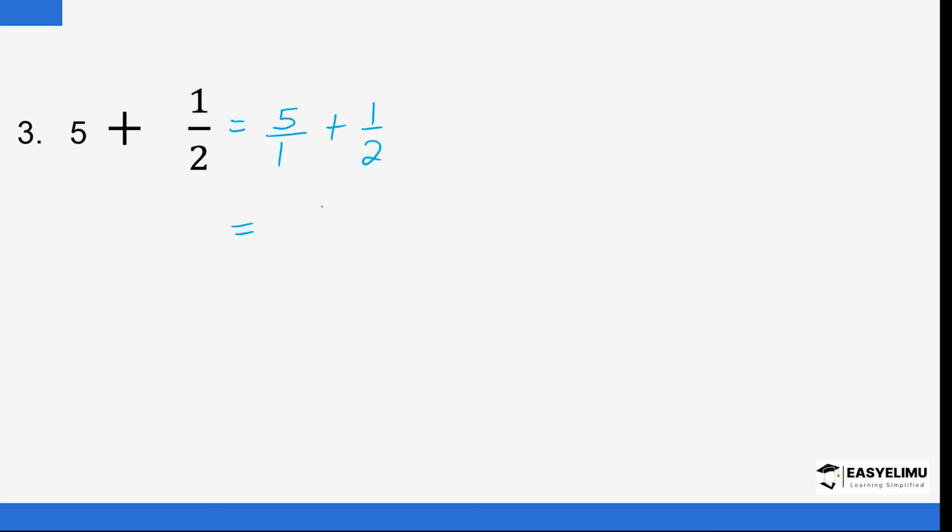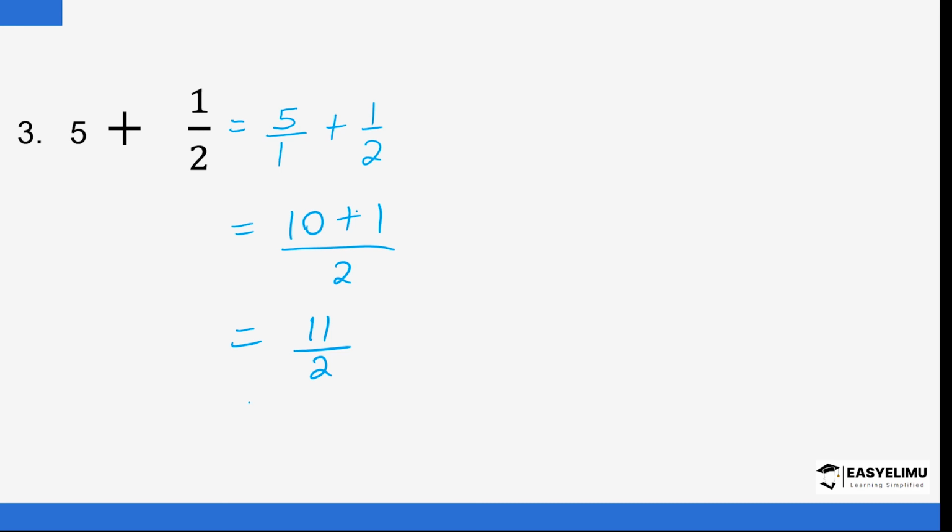If you do that, you can multiply this to give us 10, and then you multiply this to give us 1, and then you multiply this to give us 2. That is just one of the methods that you have discussed in the previous example. So that is giving us 11 over 2.